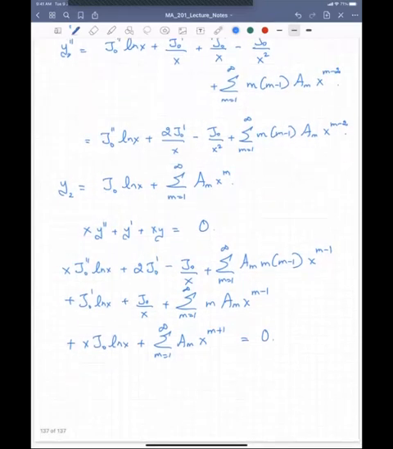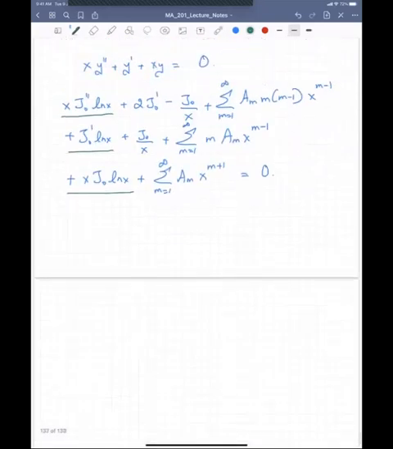So remember that my assumption is that J0 is the first linearly independent solution, which means if I add this plus this plus this, I get 0, because J0 is a solution of this equation. So if we substitute y equal to J0, I get logarithm x times x J0 double prime plus J0 prime plus x J0.